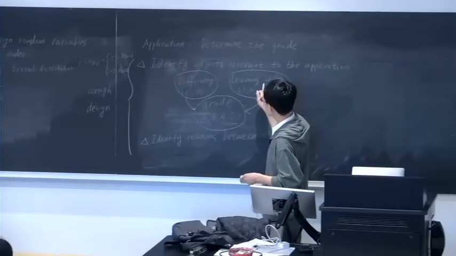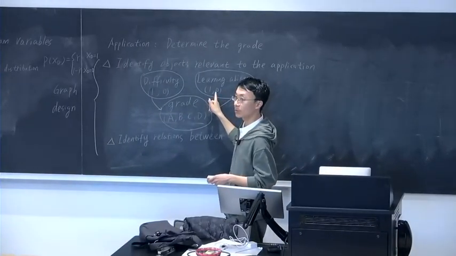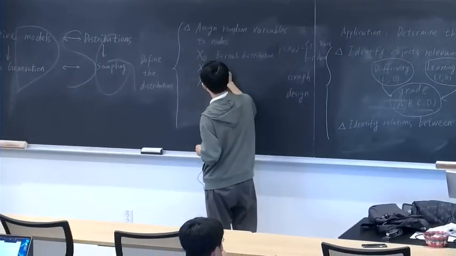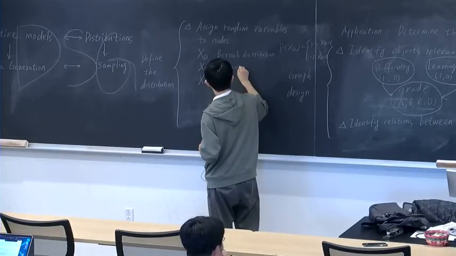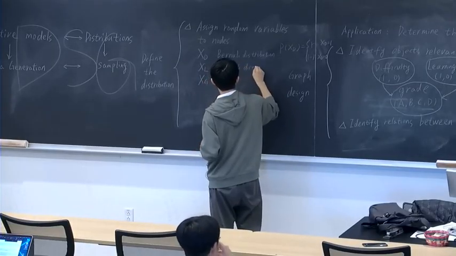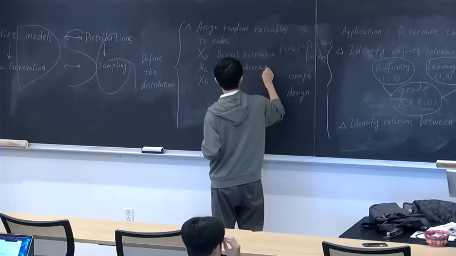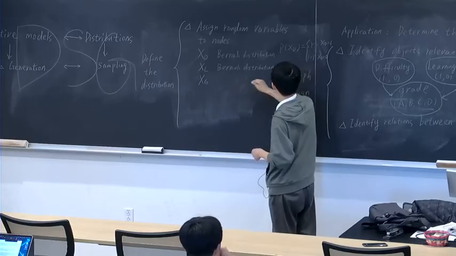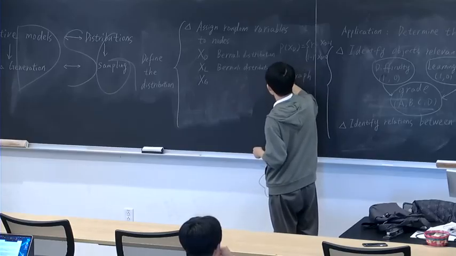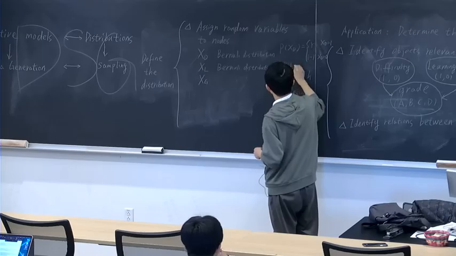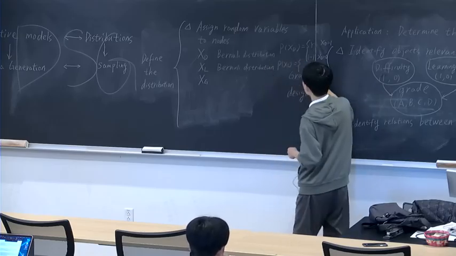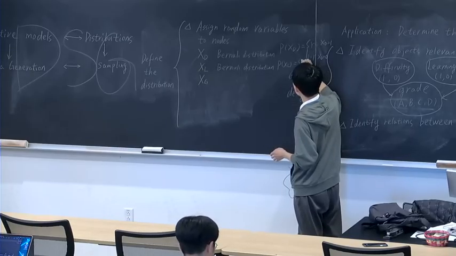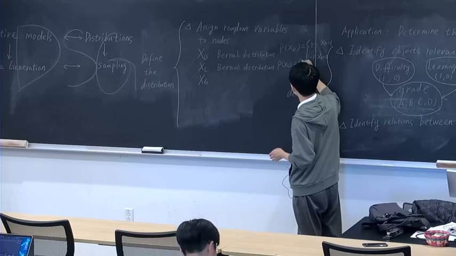Then for L, the learning capability, it is also a binary variable, right? We can again utilize a Bernoulli distribution to model it. And the parameter, let's say for this variable, p of xl equals, let's use another parameter because it is a different distribution, lambda.